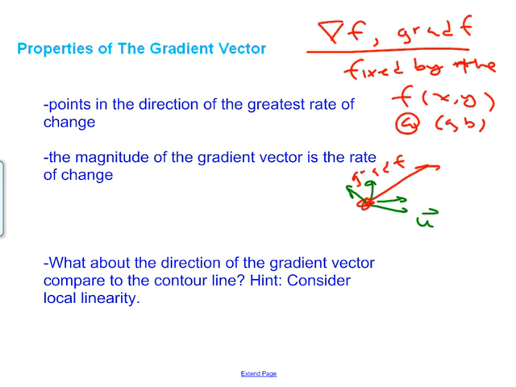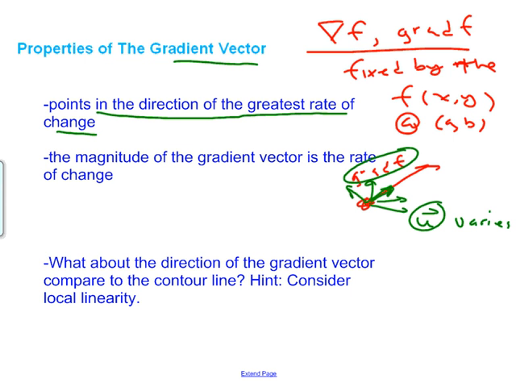So u varies; it depends on where we want to talk about the directional derivative. However, when u falls in the direction of grad f, that's when it will be maximized. So if we force u to be in the direction of grad f, we will maximize our directional derivative. And so that's the idea of that. Our gradient vector points in the direction of the greatest rate of change.